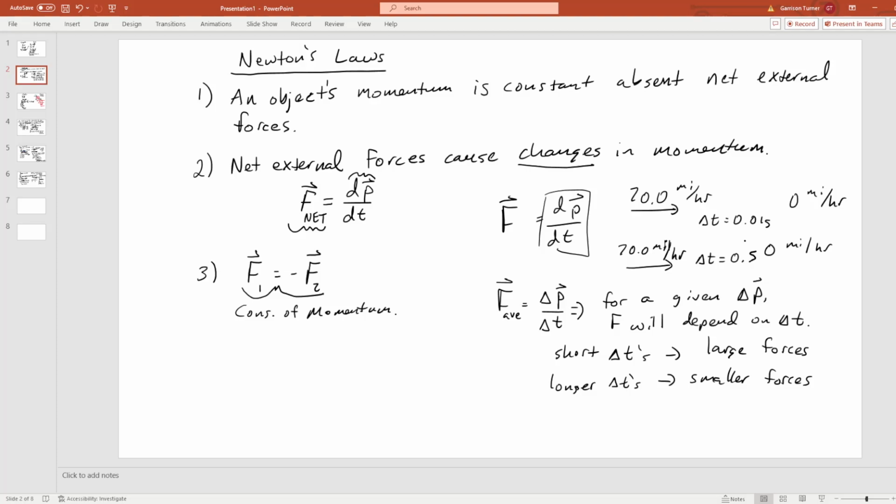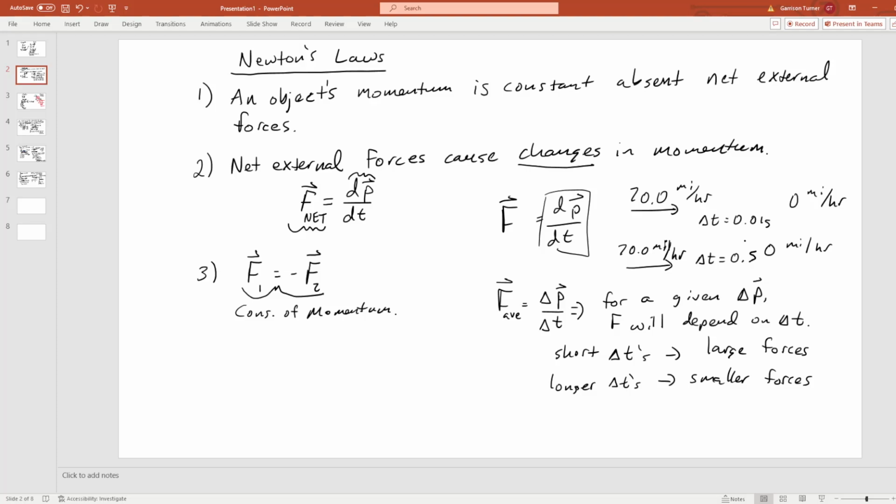Okay? So the longer you can make your collisions last, the longer you can make your changes in momentum last, the smaller the average force. So this is why you want things that can compress and take more time, because the more time, the lower the force will be. Okay, so that's a very, very important consequence.